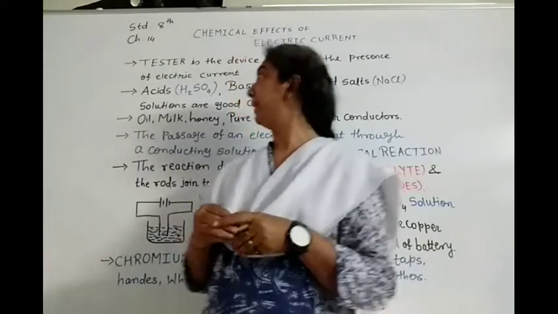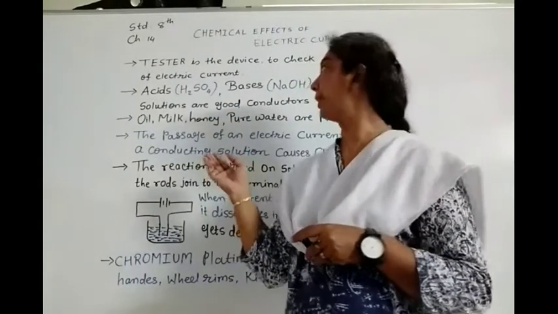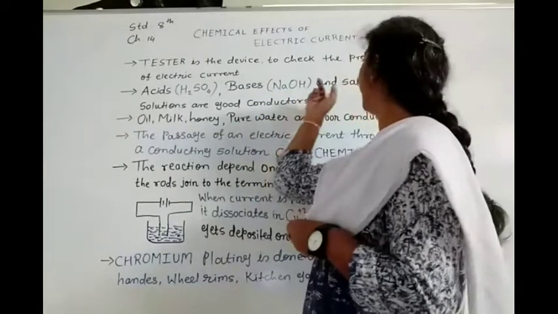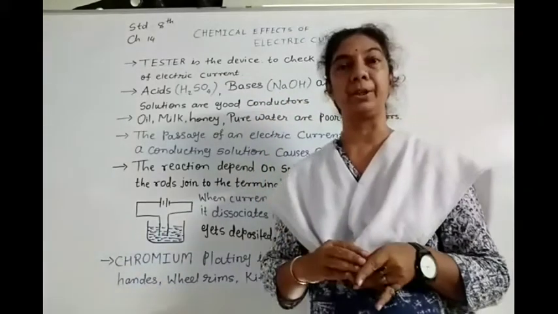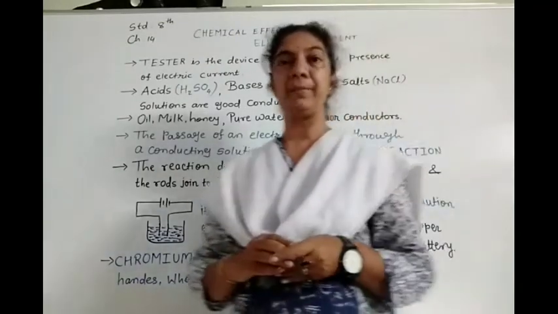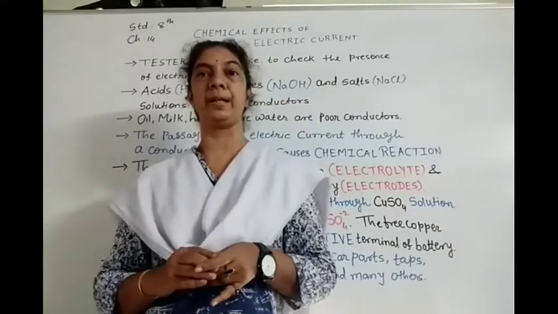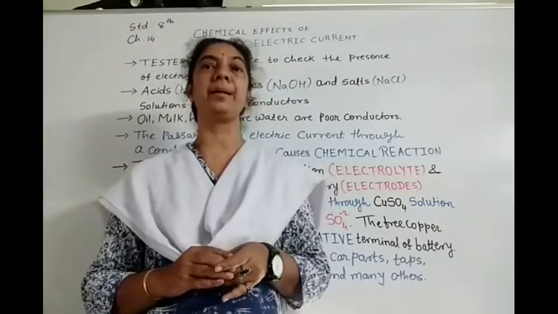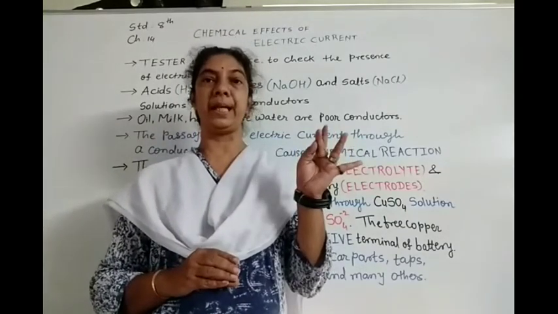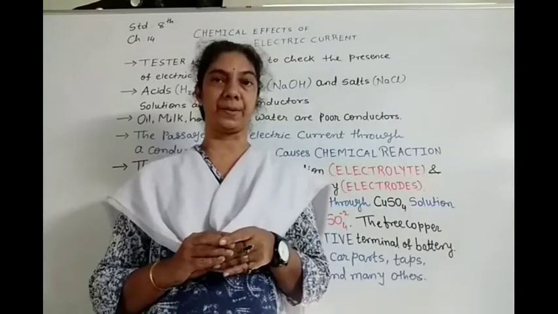So we have seen that acids like H2SO4, sulfuric acid, bases like sodium hydroxide, and salts, commonly sodium chloride, that is NaCl, are used. But chemically there are a number of types of salts, like magnesium sulfate, calcium carbonate, sodium carbonate, etc. So solutions of acids, bases or salts are good conductors of electricity.